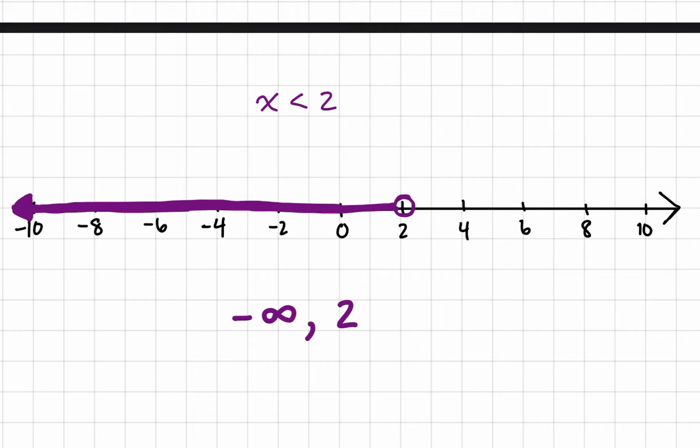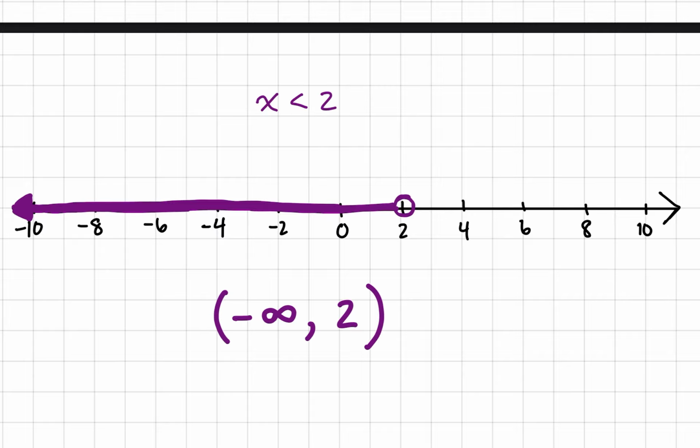If you're dealing with negative infinity, you're always going to use a parenthesis. Now, for the 2, are we including 2 or not? We're not including 2, so that's another parenthesis. Infinity always has a parenthesis because you can never be equal to negative infinity or infinity.